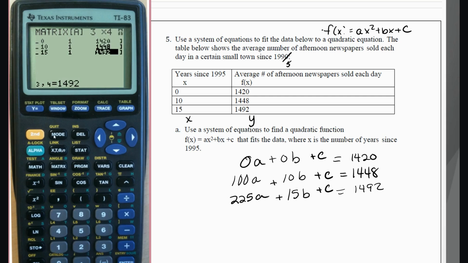Okay, now we want to go to the home screen. We want RREF A. That was the last one we did. If we hit second enter again, there's our RREF A.